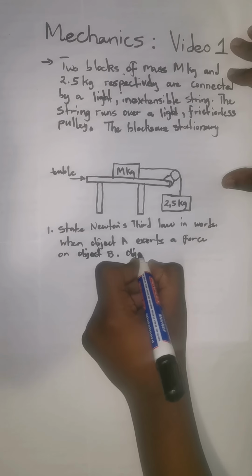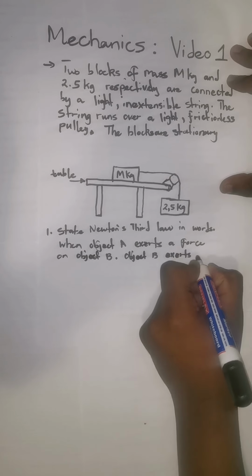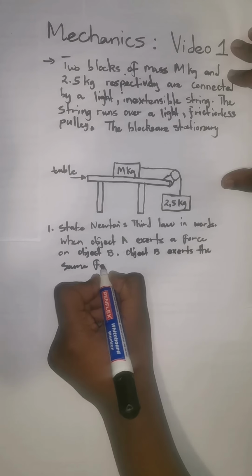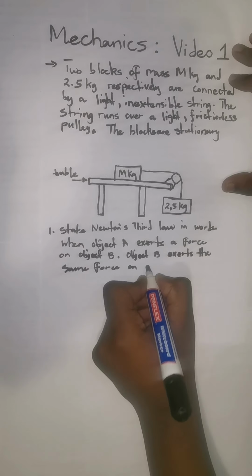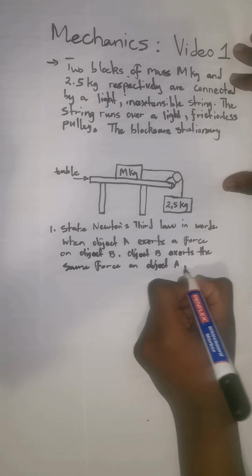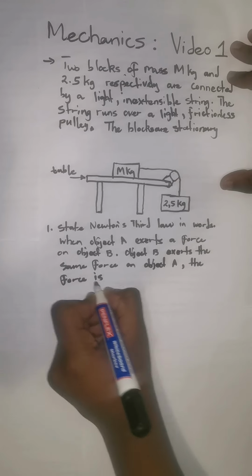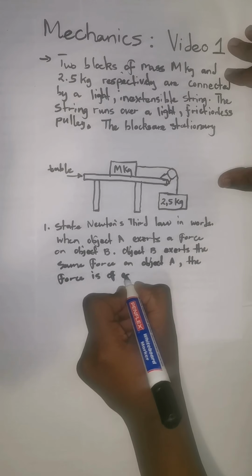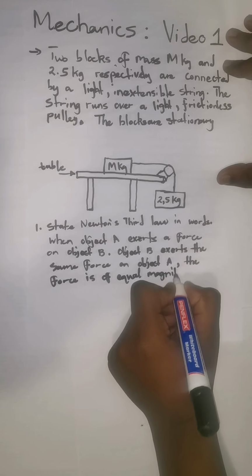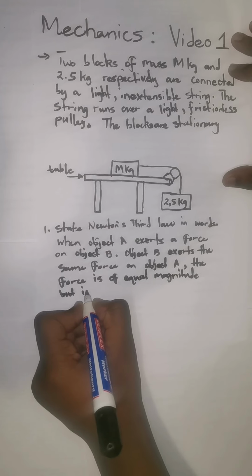Object B exerts the same force on object A. So the force is of equal magnitude, but in a different direction.